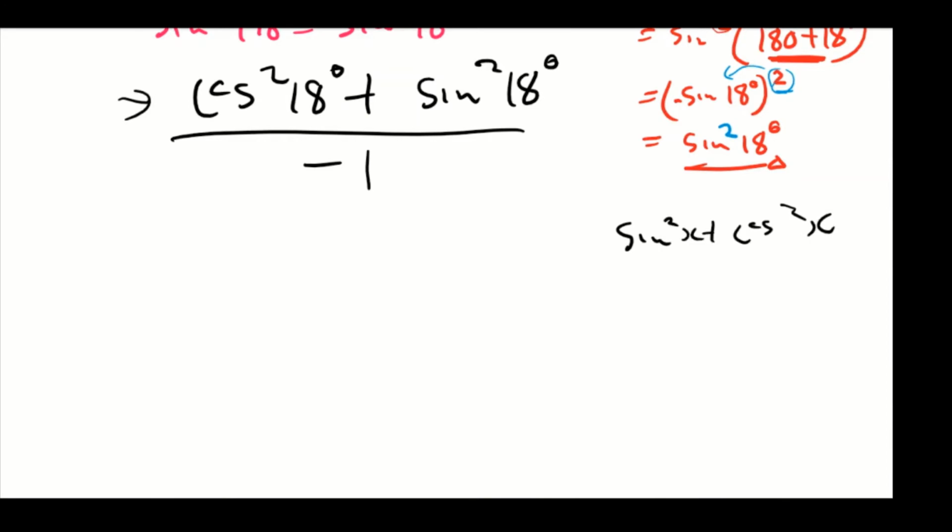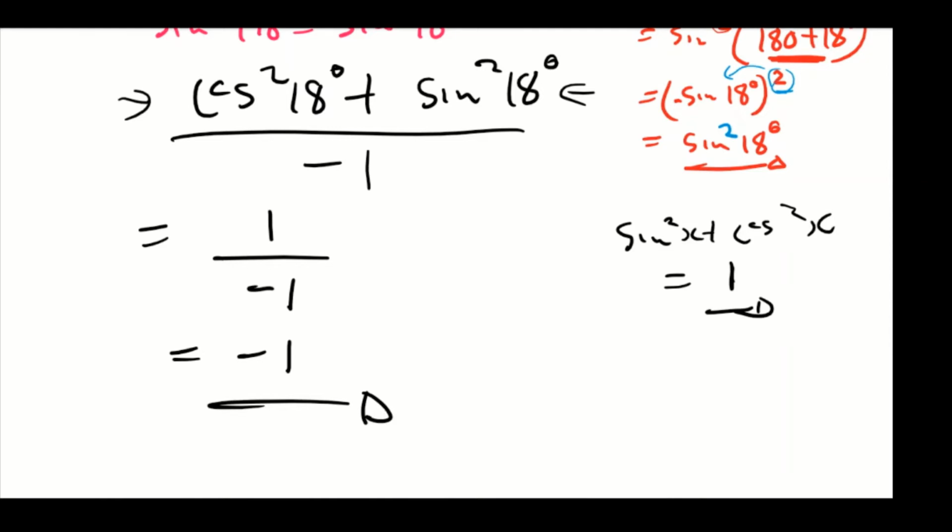It's the same expression, which is equal to 1, right? So this expression is equal to 1. The same thing applies here, because it's sine squared 18 plus cos squared 18, which is equal to 1. So the top is 1, the bottom is minus 1. So the solution is minus 1. This is the solution of the problem here.